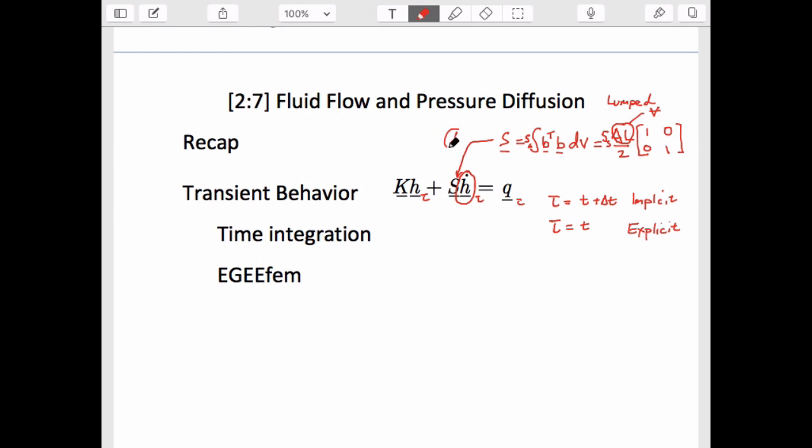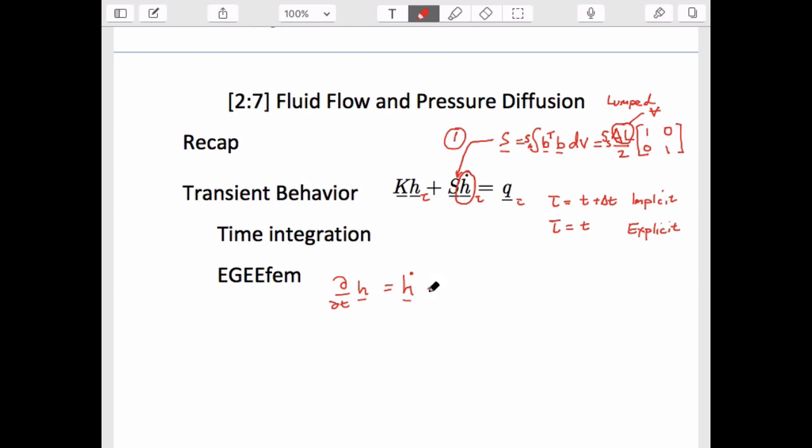The second part was then to figure out exactly how we write this time derivative. Of course, the time derivative is just shorthand for a rate of change in time of head. It can be for an individual point, or it could be for the individual nodal values. For us, it was for the nodal values.